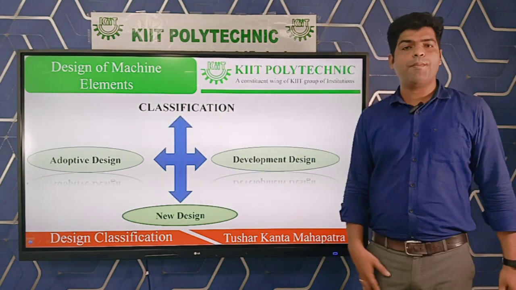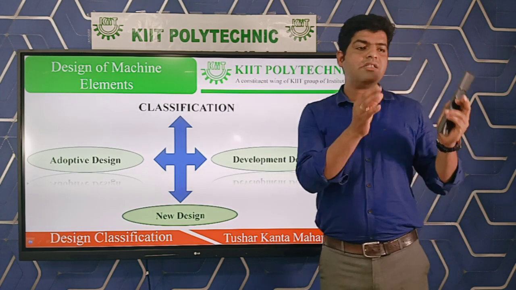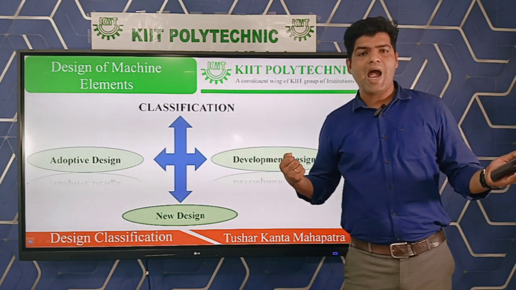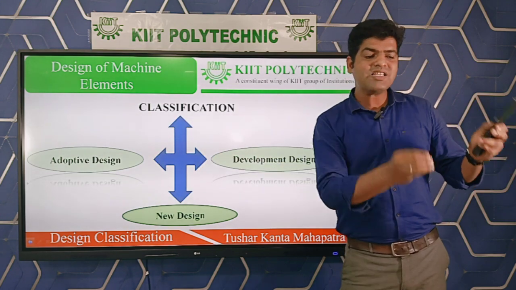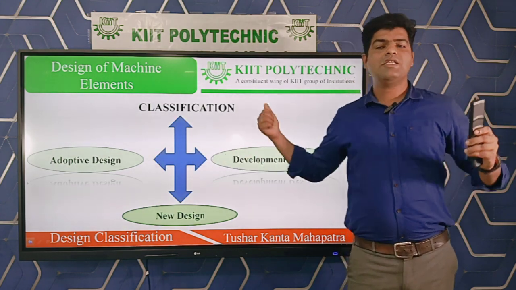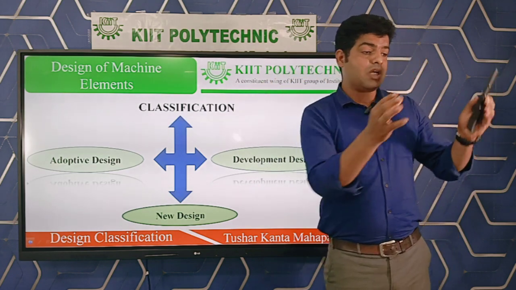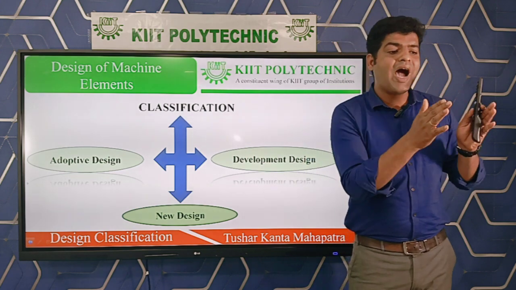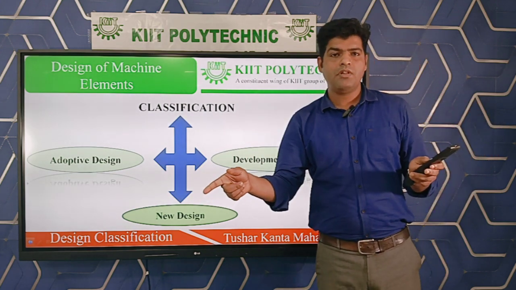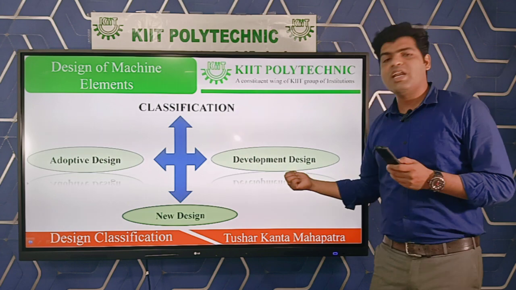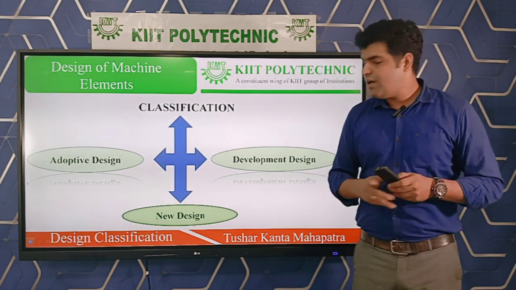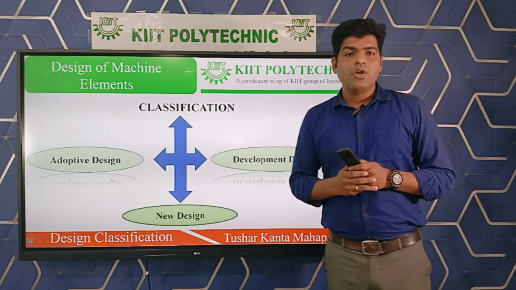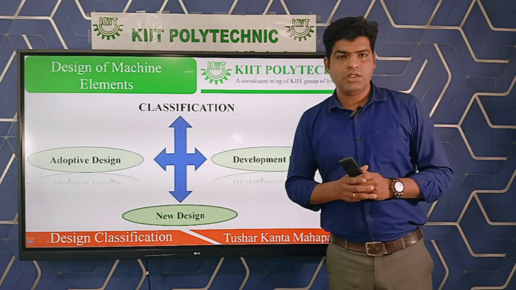Second one is development design. Development means that something already exists, we take it and make a new product by modifying something. For example, if we put an IC engine in a bicycle, we call this type of thing development design. And third one is new design. What is new? New means totally different.